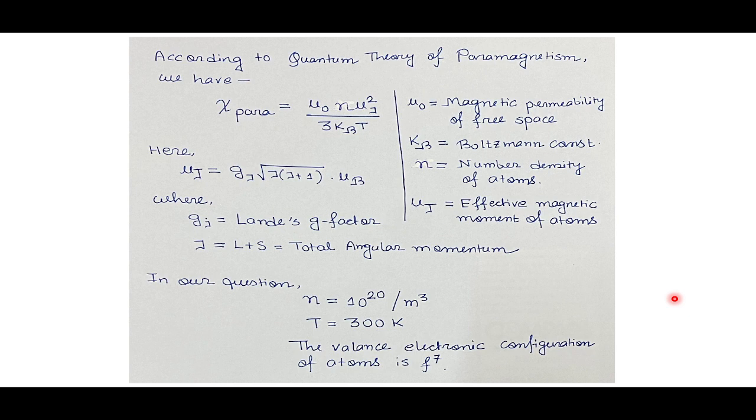Okay. So according to the quantum theory of paramagnetism, we have chi para equals mu naught n mu J square by 3 kBT. What Aparna said, that I represent, some books represent it like this.